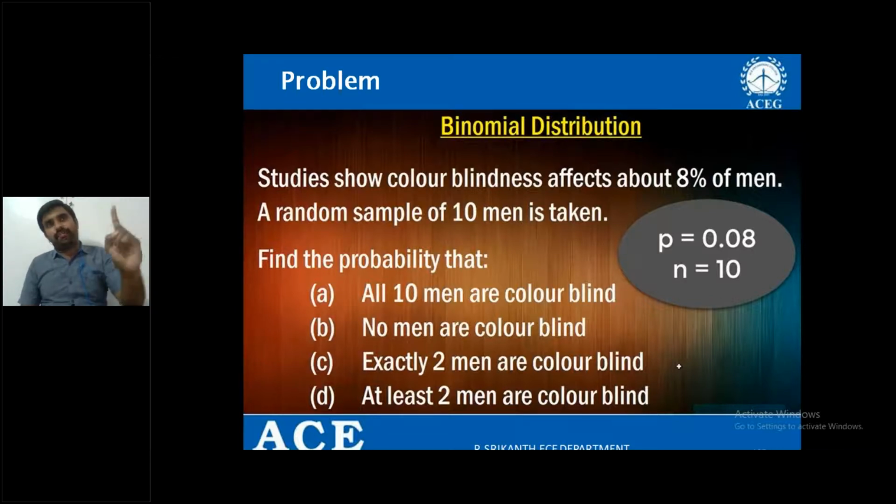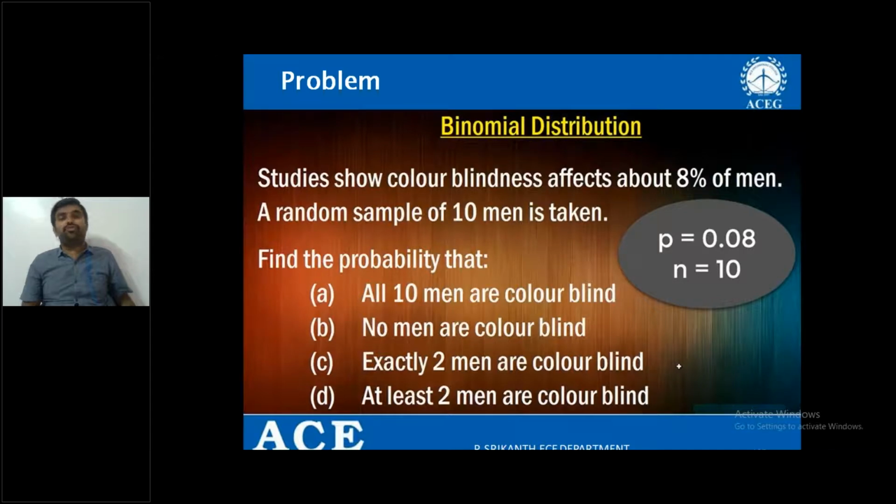If I consider any particular person, he may have color blindness or may not. But the given data says that 8% of the men are with color blindness. So the probability of having color blindness is 8 by 100, that is 0.08, right? And I am selecting 10 members, so I am conducting the color blindness test 10 times. Therefore, n equal to 10.